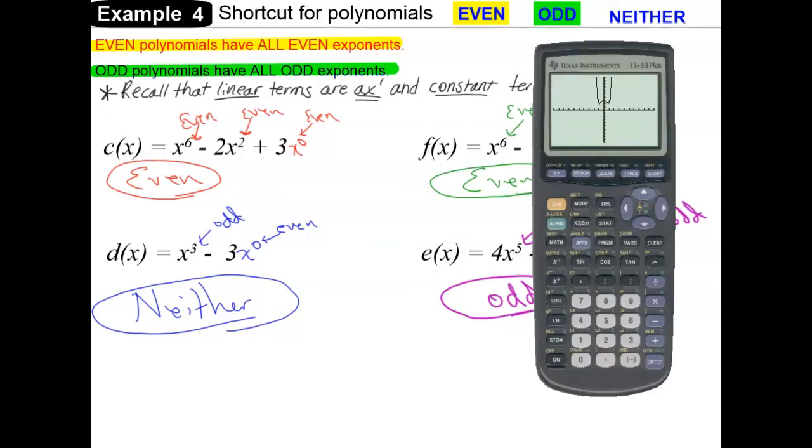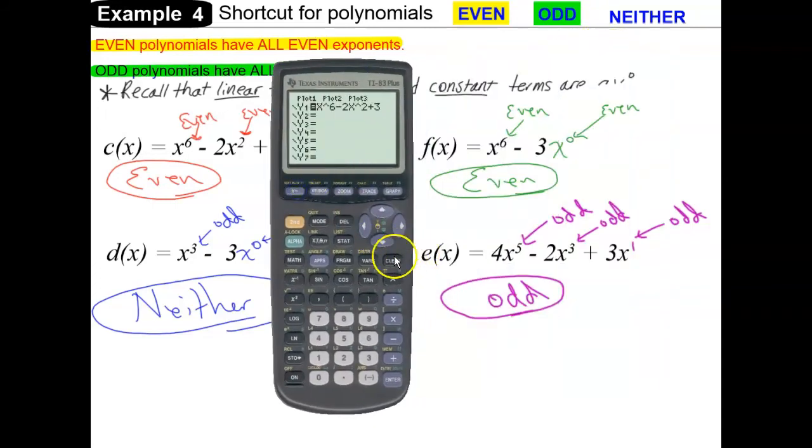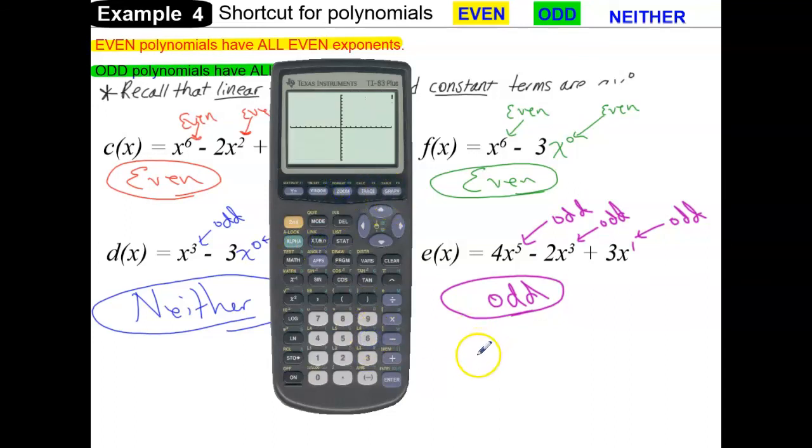And we can verify that in the calculator by graphing and looking for rotational symmetry about the origin. So 4x to the 5th power minus 2x to the 3rd power, and then plus our linear term 3x, and we'll look at that graph.